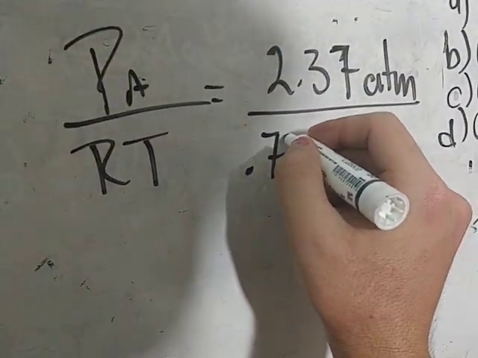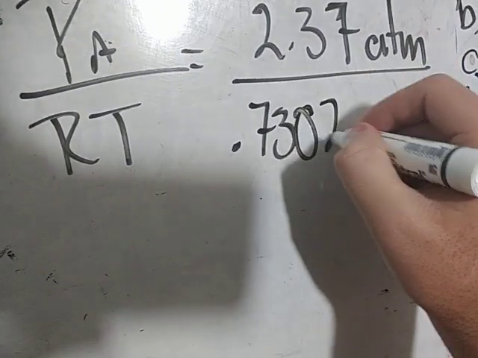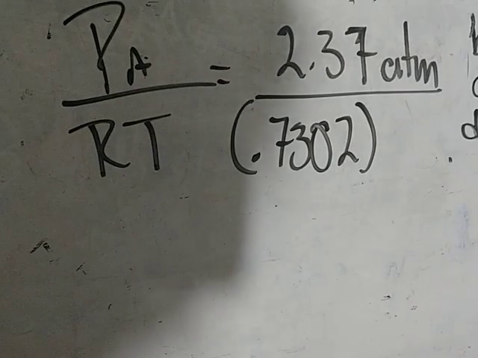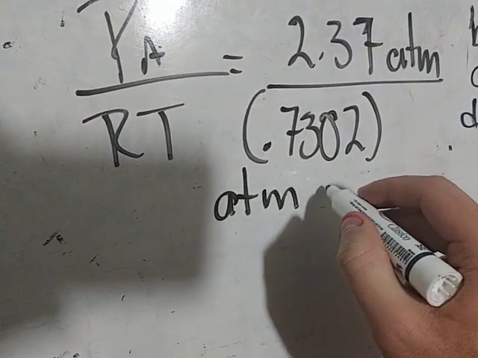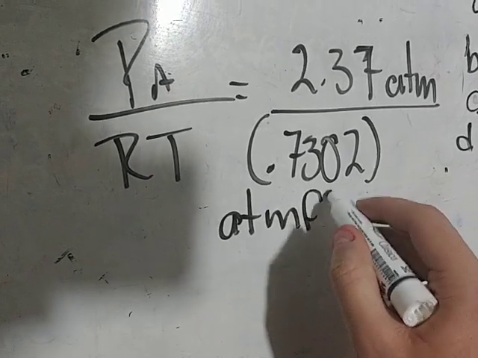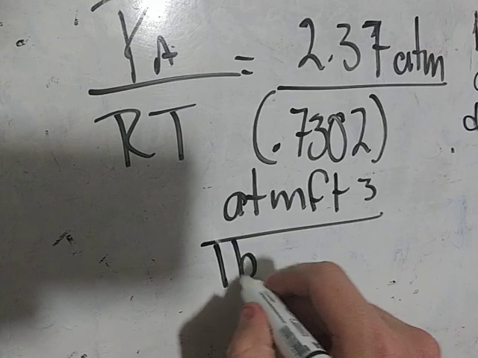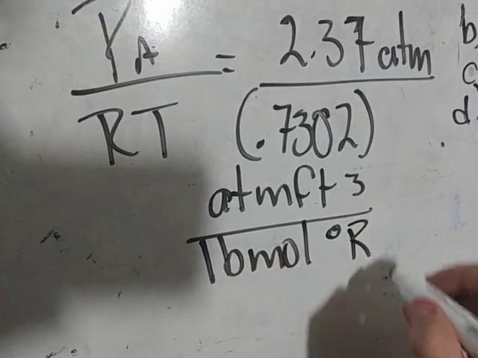This one is given by this amount, but the units are different. The other ones were kilograms. In this one they are going to be cubic feet, pound mole, and the Rankine.